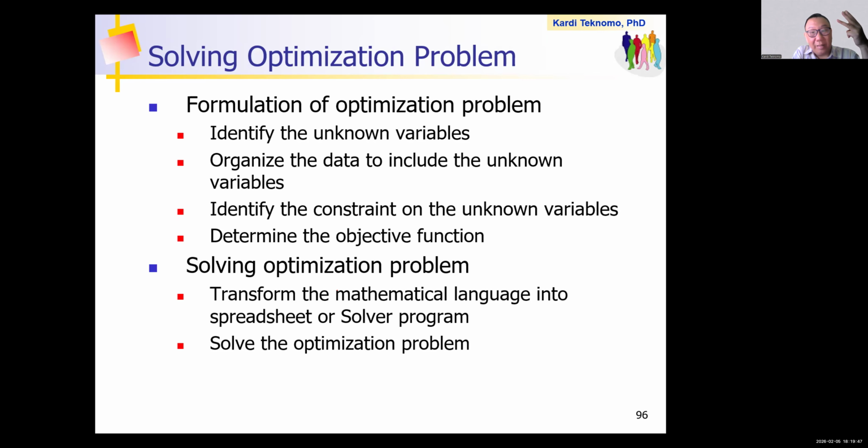The variables, the decision variables. Second, you have the goal. The third one is the limit or the constraint. So to solve, you need to transform that into mathematical language. Then you can put it into a solver, calculator, or spreadsheet.